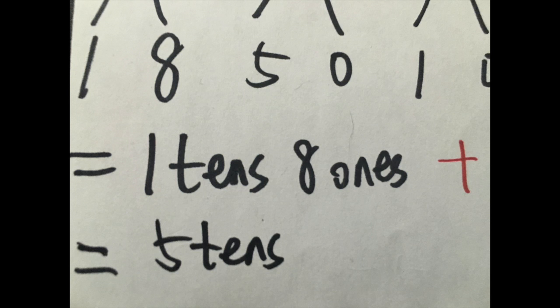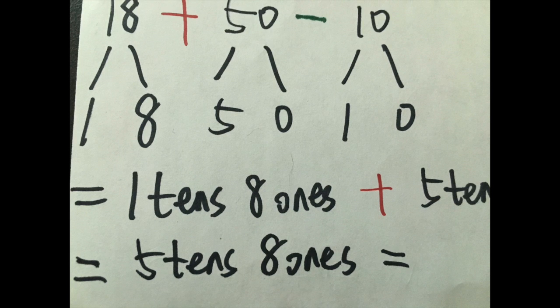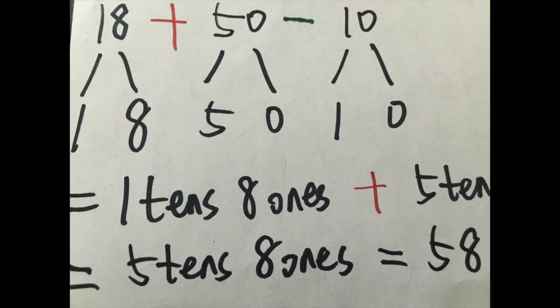And then we add tens together, so we get 5 tens, and we add ones together, so we get 8 ones. So the final result is 58, which means Sam has 58 buses now.